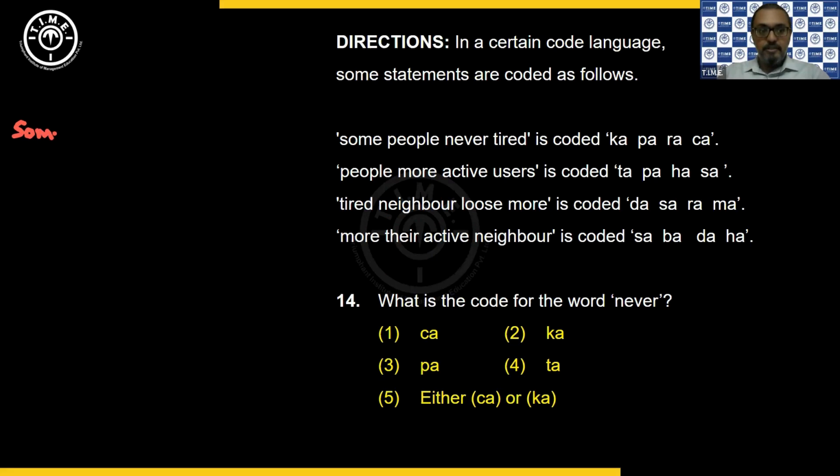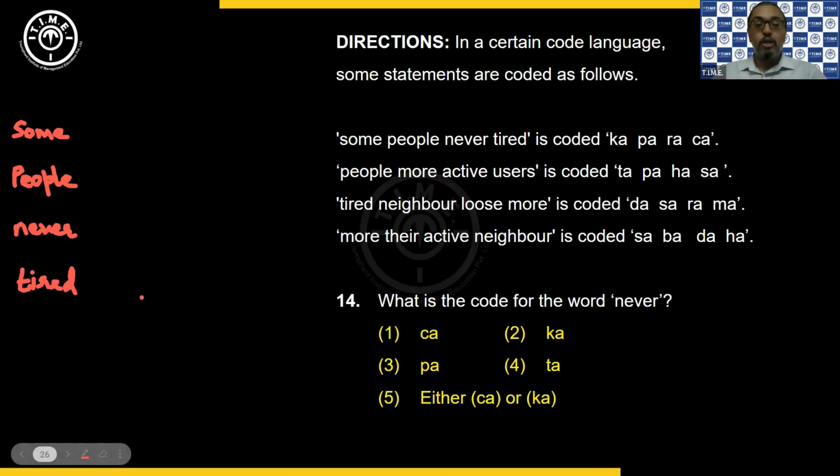So I have some, then people, never, tired. That is the first sentence. Now I will not repeat the words that I have already written. I will only write different words. Now people I have already written, more, then active, okay, and users.